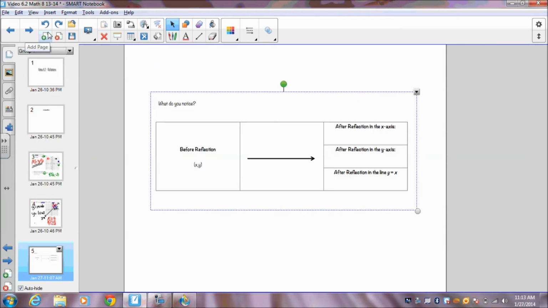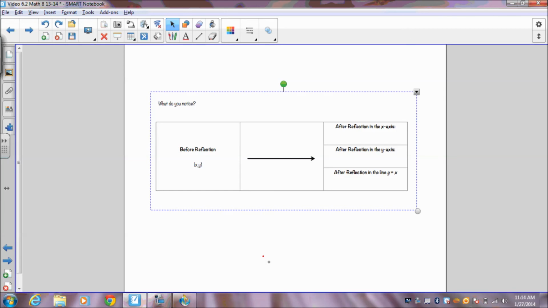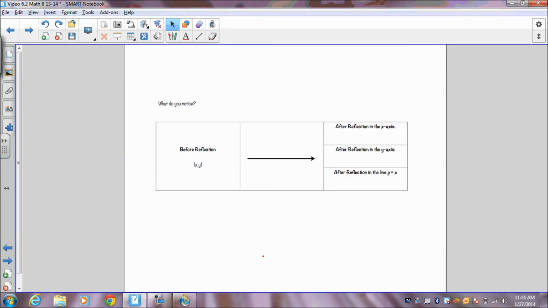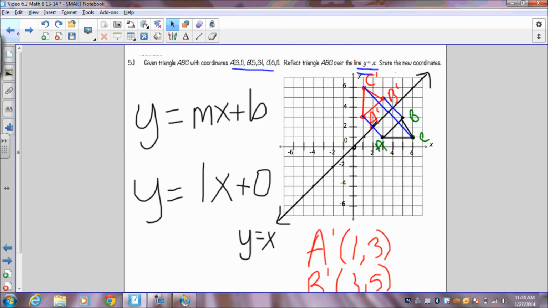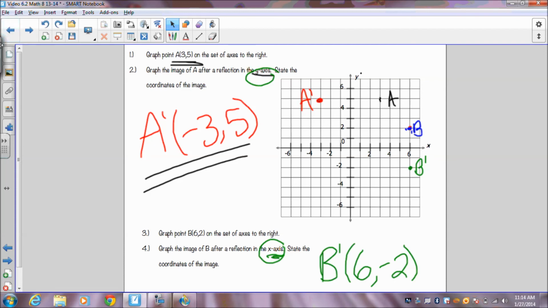Okay, so let's go ahead and summarize what we have found right here. So if you take a look at questions 1 and 2, right here, the original coordinate was 3, 5, and then it became negative 3, 5 when I reflected over the y-axis. So the y value stays the same when you reflect it over the y-axis, but the x value changes to its negative, so this 3 becomes a negative 3.